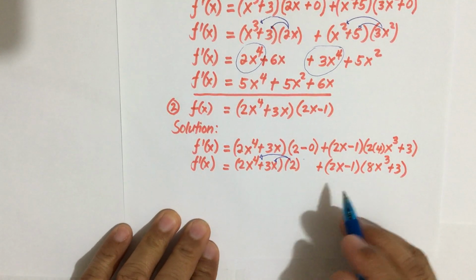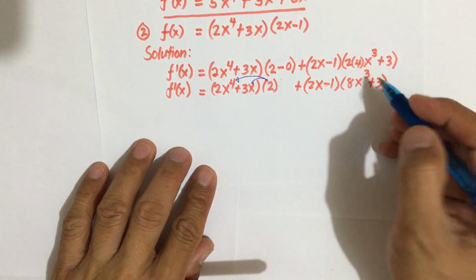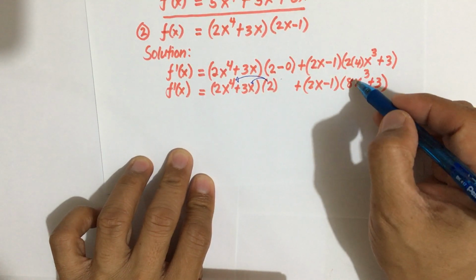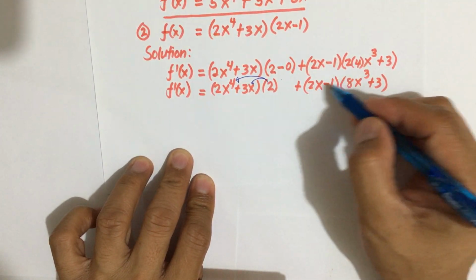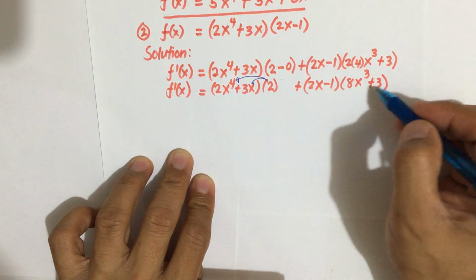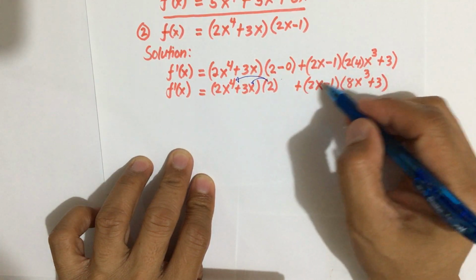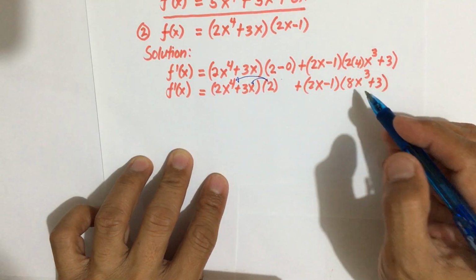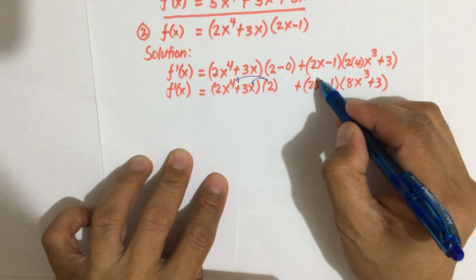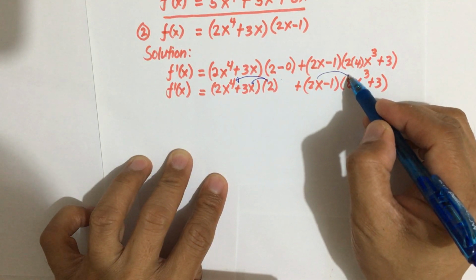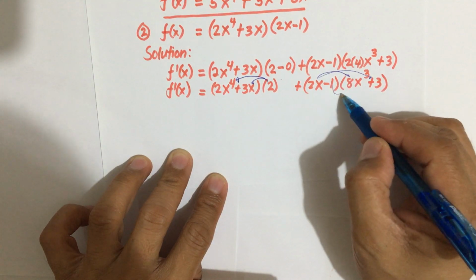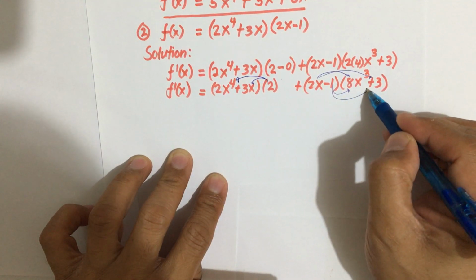Multiply the first term with each term of the first quantity, and the second term with each term of the first quantity. Then you multiply this one and this one, and then this and this one.